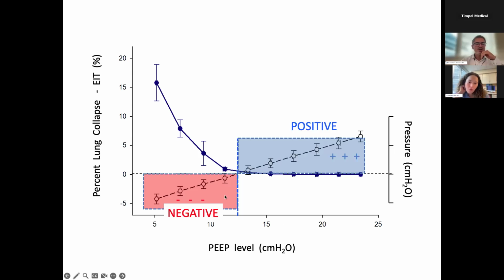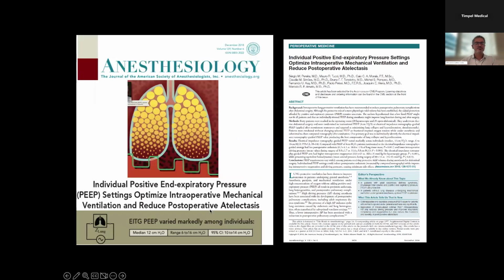When you look at the amount of collapse at decreasing PEEP levels from the right to the left, you see there's no recruitable collapse to start with, and then it starts increasing. And here you see the transpulmonary pressures. There's a good correspondence between the start of increasing collapse and transpulmonary pressures becoming negative.